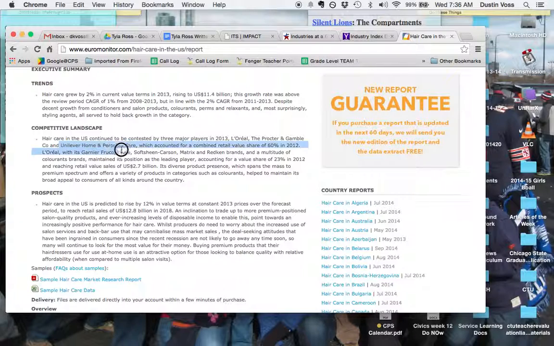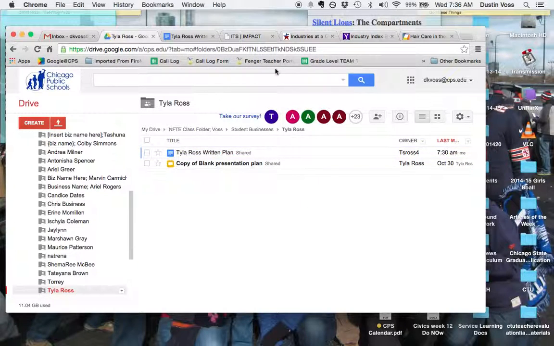Right here I see Unilever Home and Personal Care, which account for combined retail. I know that Unilever makes a bunch of different things because I've seen it on the back of boxes for different hair care products. But I'm going to go back to Tyler's business plan now.